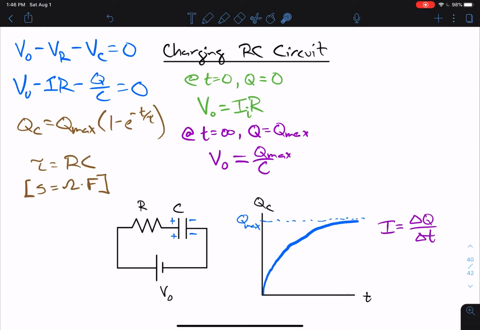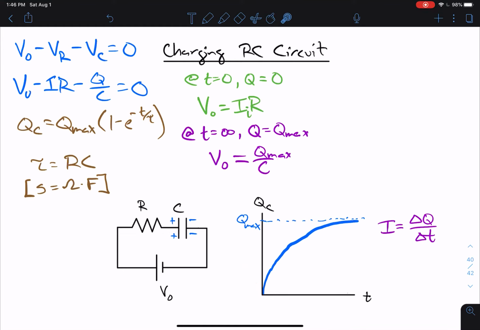Okay, so we've talked about the charge. Now, of course, we know the voltage across the capacitor is Q over C, so you can just divide this by C to get the voltage across the capacitor and get the general relationship for that. Now, if we look at the current, we have I equals delta Q over delta T, okay?